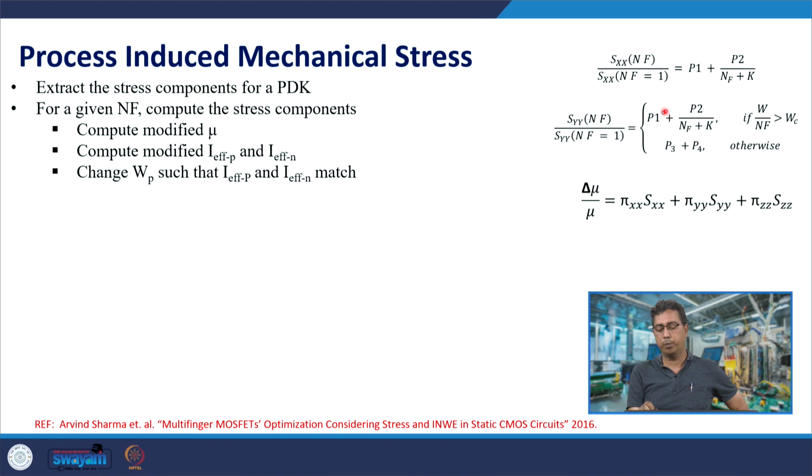Now, all of them depend on the same formula. So you can find out P1 and P2, and based on that you get an empirical relationship, this relationship. The change in current is mostly because of change in mobility. So you get how the mobility or current changes, and mobility is a multiplicand to the effective current.